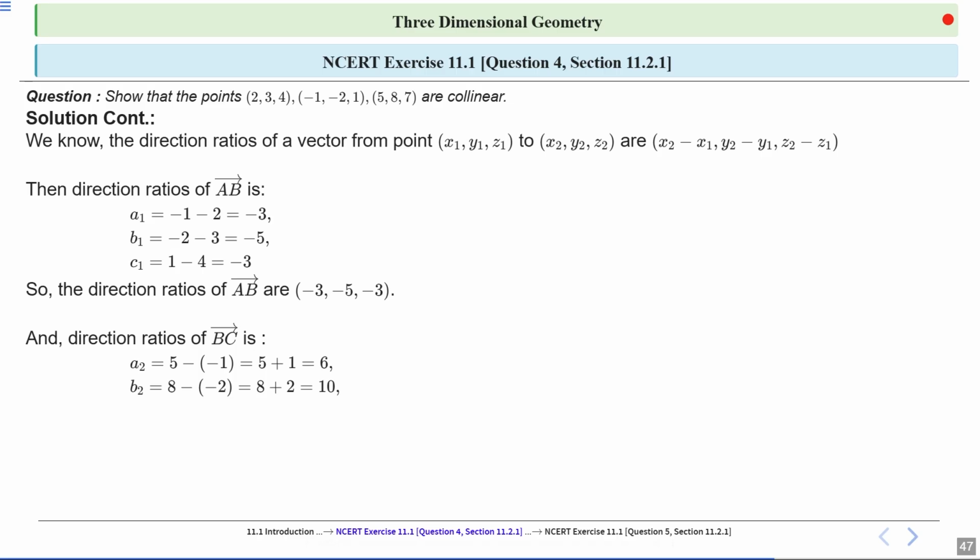The difference in the y coordinates is 10. For the z component, c2 equals 7 minus 1 equals 6. So the difference in the z coordinates is 6. So the direction ratios of vector BC are 6, 10 and 6. These numbers show the direction from point B to point C.